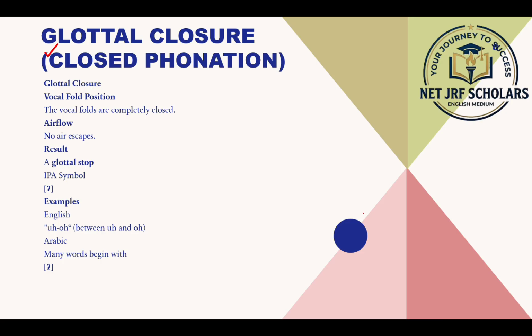So the air stops below the vocal cords, and there is no escape of air as the vocal cords are completely closed. The sounds are produced using the glottal closure.